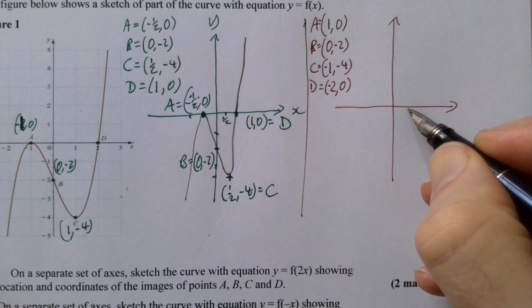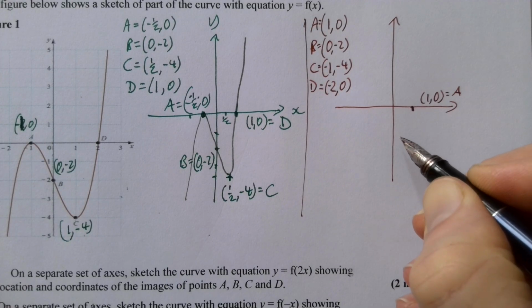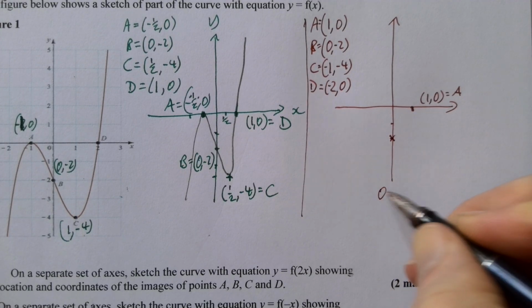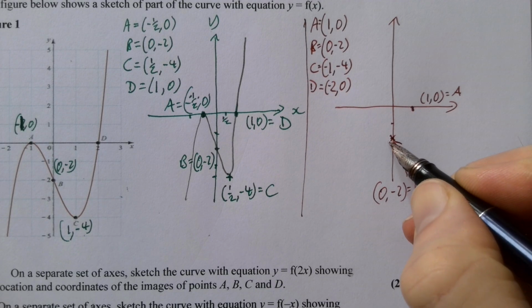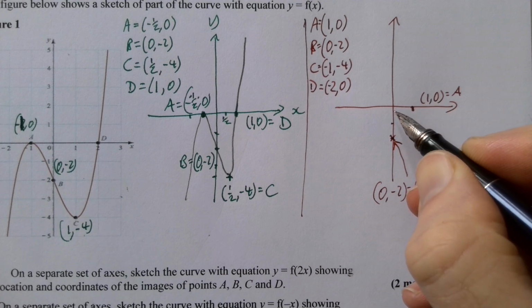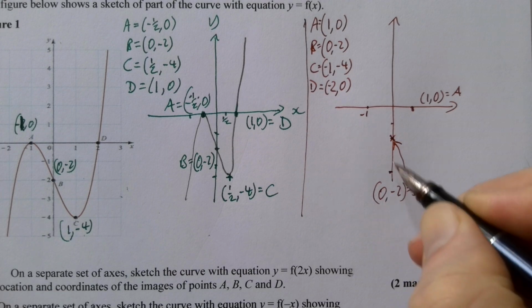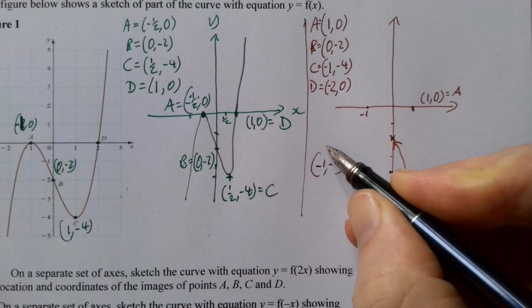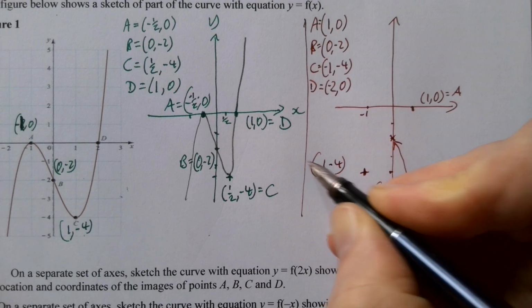So what have we got there? We've got 1, 0, and we know that's A. We've got 0, -2 equals B. We've got -1, -4 is going to be about down there. -1, -4 equals, sorry, that's not D, is it?